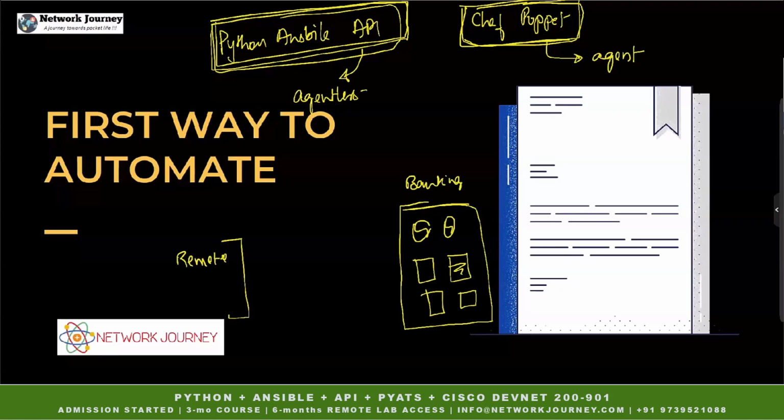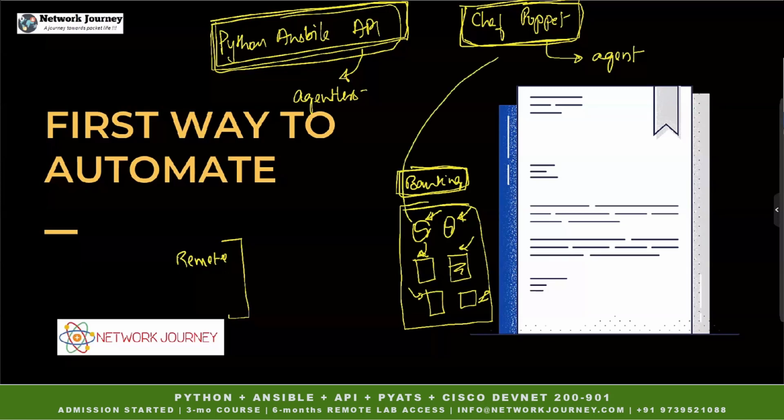Now you ask them that you have to install some agent on the devices, some third party agent. Will they allow you to do that? So Chef and Puppet basically need some agent to be installed. A small agent or some sort of extensions that needs to be added on the devices, because those agents are going to send the information to the servers of Chef and Puppet.